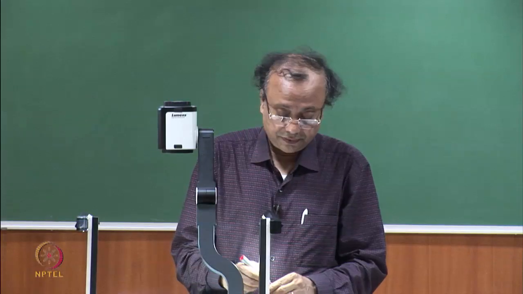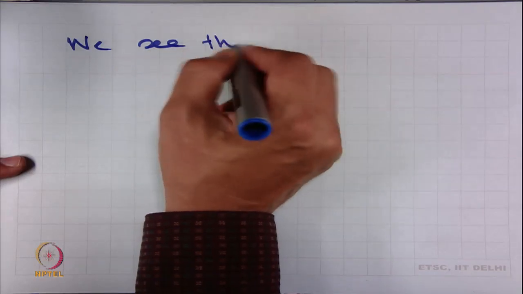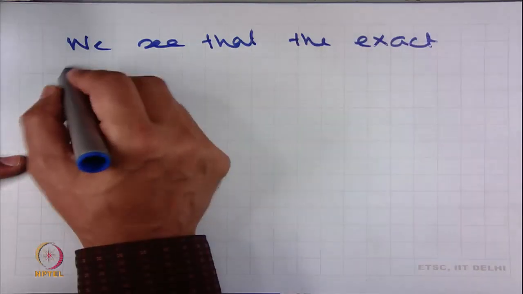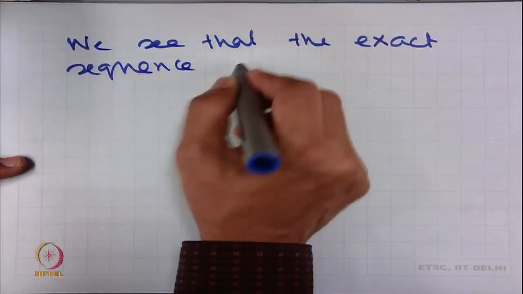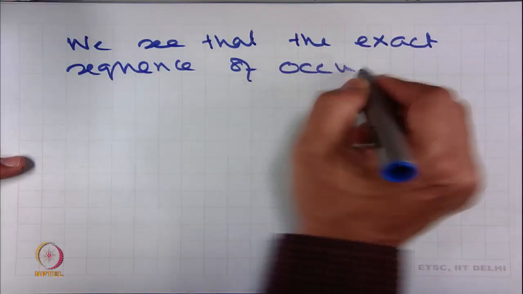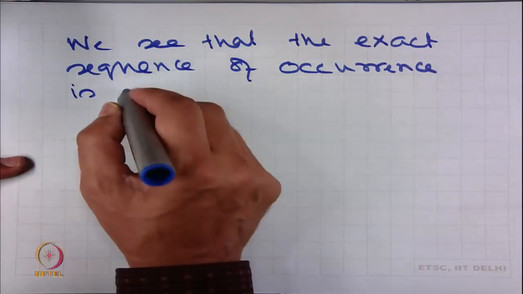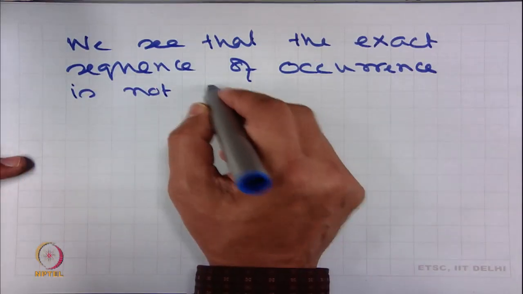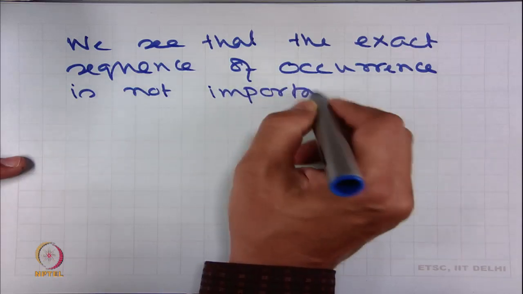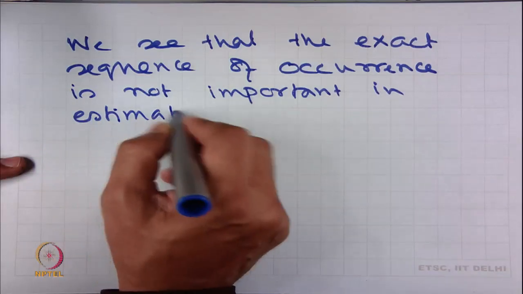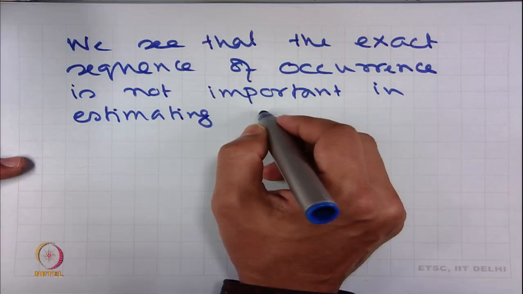Therefore, if we observe, we see that the exact sequence of occurrence is not important in estimating p.